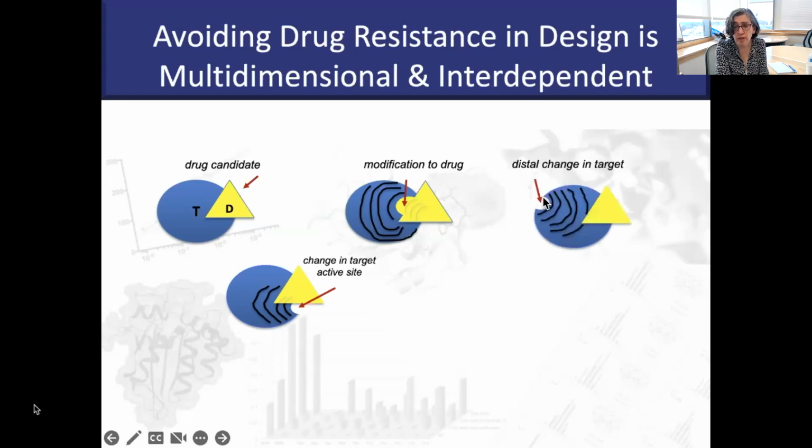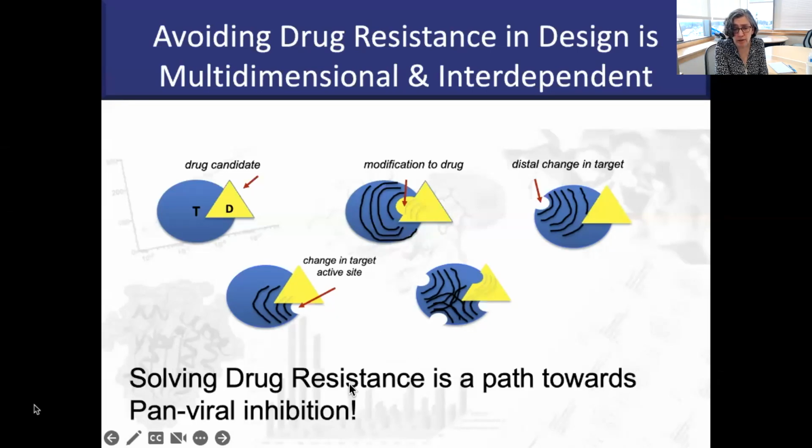But distal changes can also have an effect on binding affinity. And in reality, it's a combination of active site changes in the drug, and distal changes that we have to sort of integrate together and incorporate into a more comprehensive strategy for drug design. Because solving resistance is sort of one step in a path towards thinking about pan-viral inhibition.